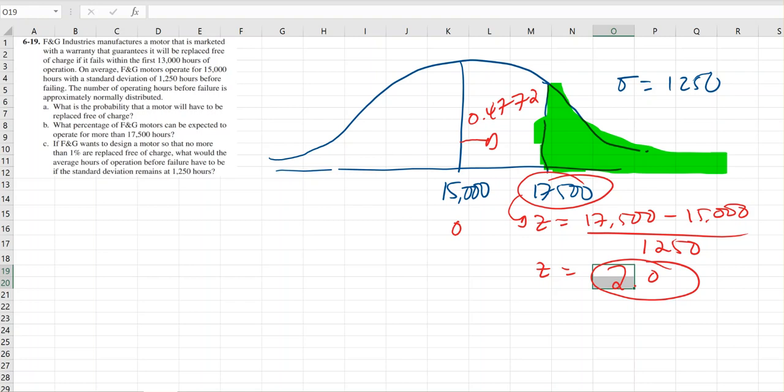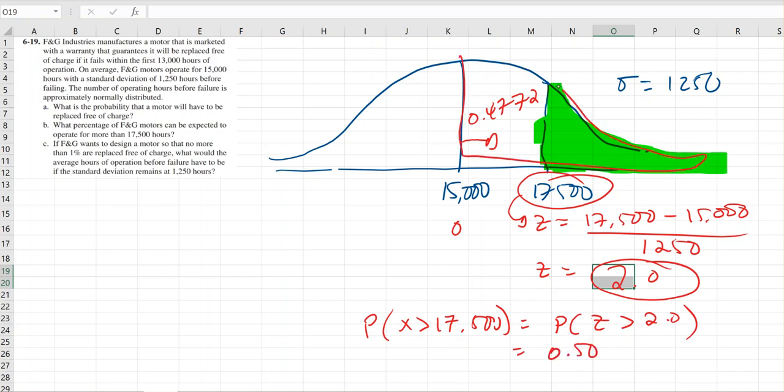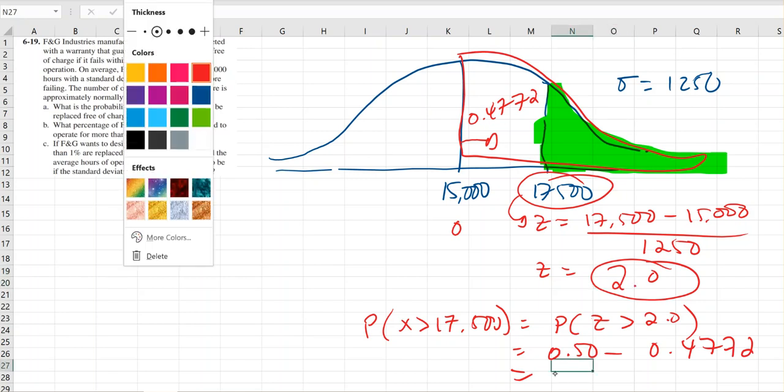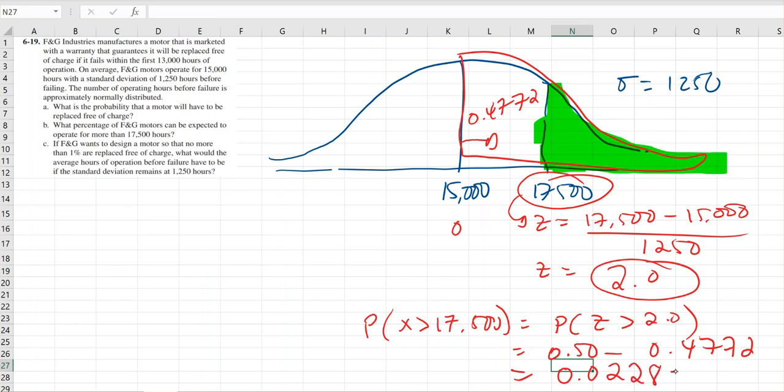So I'm looking for the green part. So the probability that x is greater than 17,500 is the same as the probability that z is greater than 2.0 standard deviations. And in this case, it's 50%, the entire half the curve, minus 0.4772, and that's 0.0228, or 2.28%, right? And that's what you're looking for.